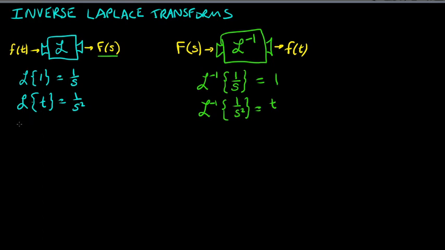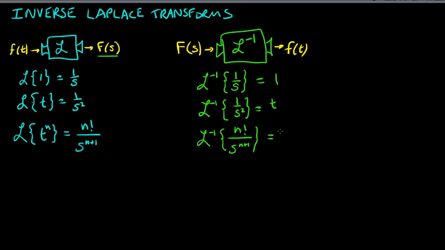And maybe we should do this more generally. Instead of doing t squared and t cubed and so on, we got that the Laplace transform of t to the n, remember, was n factorial over s to the n plus 1. So writing it as the inverse, we get the inverse Laplace transform of n factorial over s to the n plus 1.